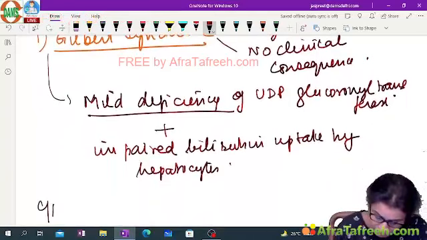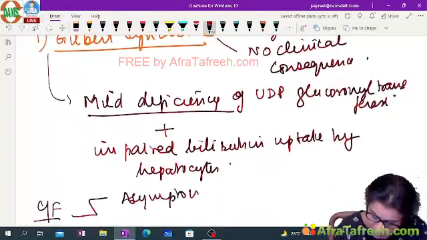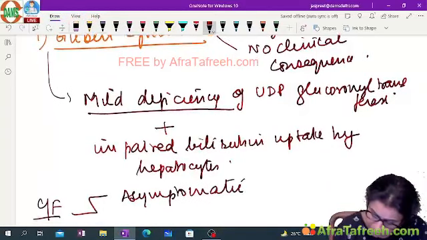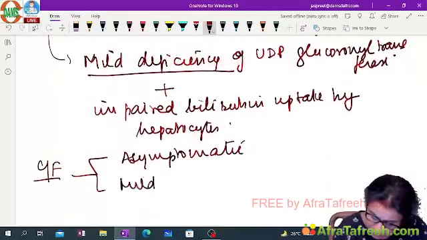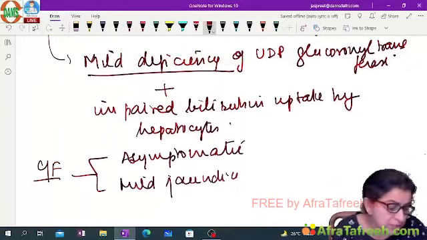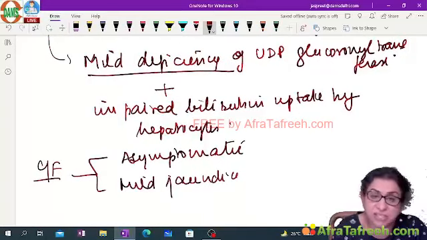Now clinical features: usually the patient is asymptomatic, or they have mild jaundice, which increases with fasting and stress.